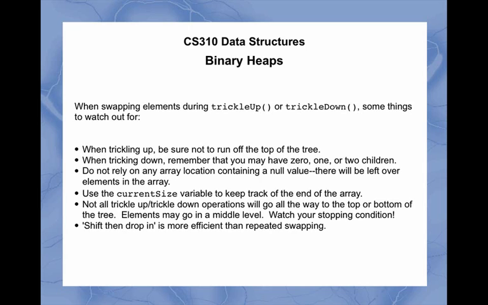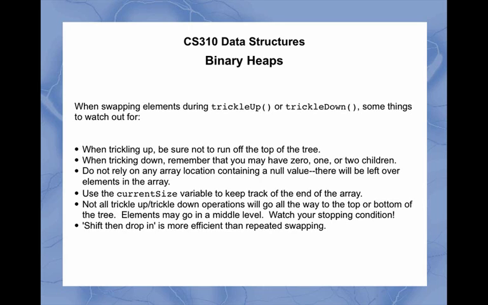When you're removing things, you will have garbage left over in the array. And if you run past current size, you can pull elements up into the heap that may have been already removed or duplicated. So you must make sure that you don't run past the end of the heap. Also remember that not all trickle up or down operations will go all the way to the top or all the way to the bottom.